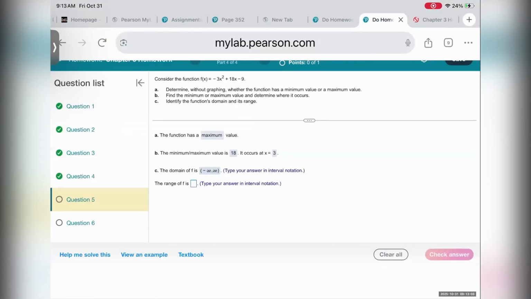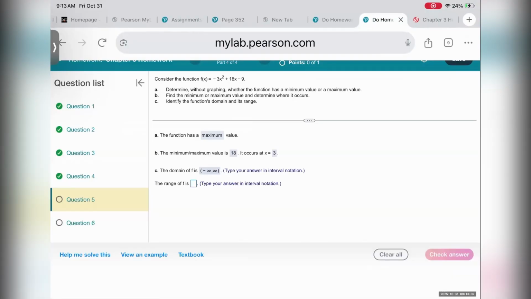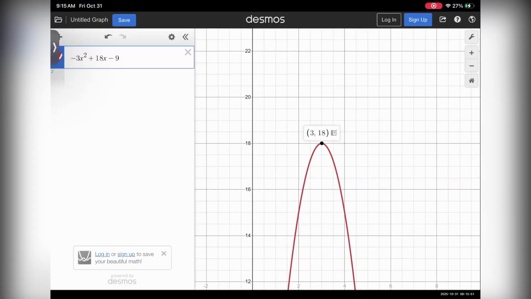And I'm definitely using this to make a video. I'm trying to figure out how I screwed that up, because the vertex. Oh, you plugged 3 back in. Did you say that?